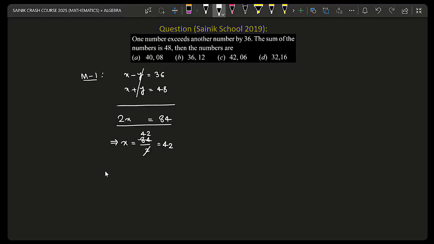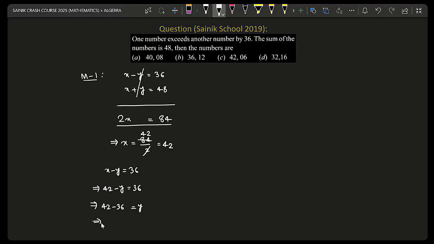So once you get the value of x, finding y is very simple. You take any equation. I'm taking the first equation and substituting the x value here. X we got 42. Now I want the value of y. I'm transposing y to the right and 36 to the left, so minus y becomes plus y. 42 minus 36.